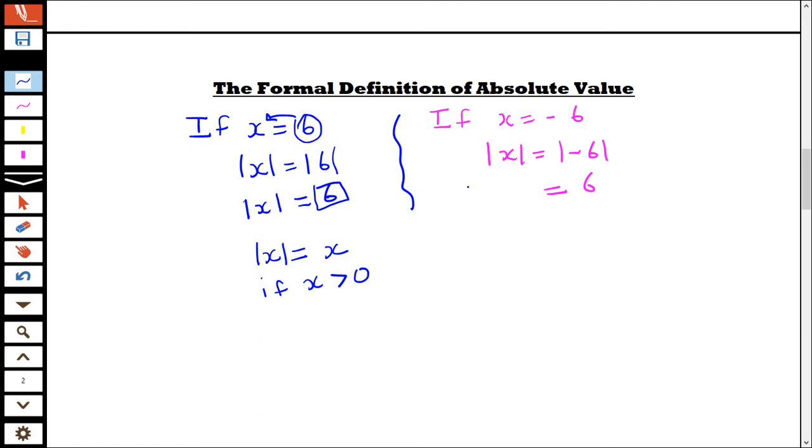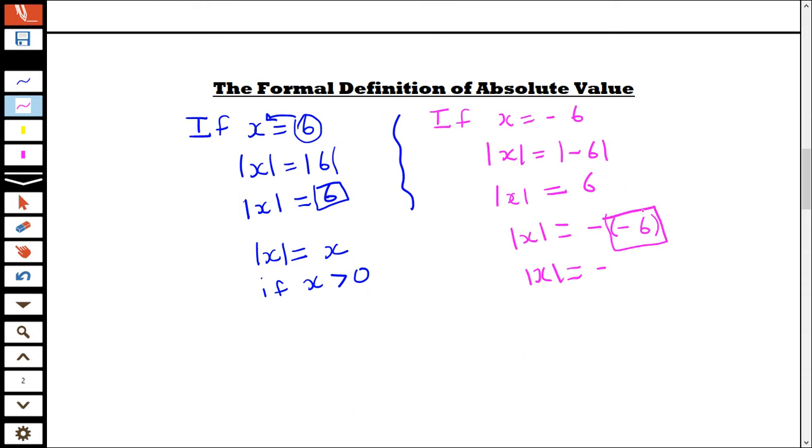Yep. And over here, we've got absolute value of x equals 6, which I could write as minus 6. Okay, you might be thinking, why am I doing that? Well, because then that allows me to write this. Now what's minus 6?